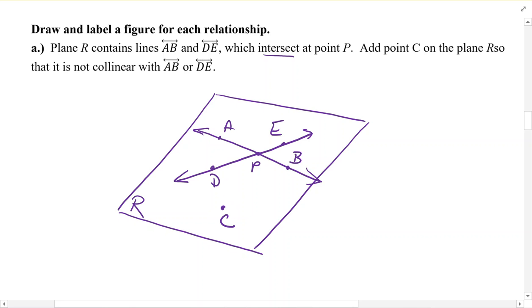So there's point C. Now you could have a slightly different picture. You can put your label R up here in this corner. You could put your point B on either side of P, but your picture should look somewhat similar to this.